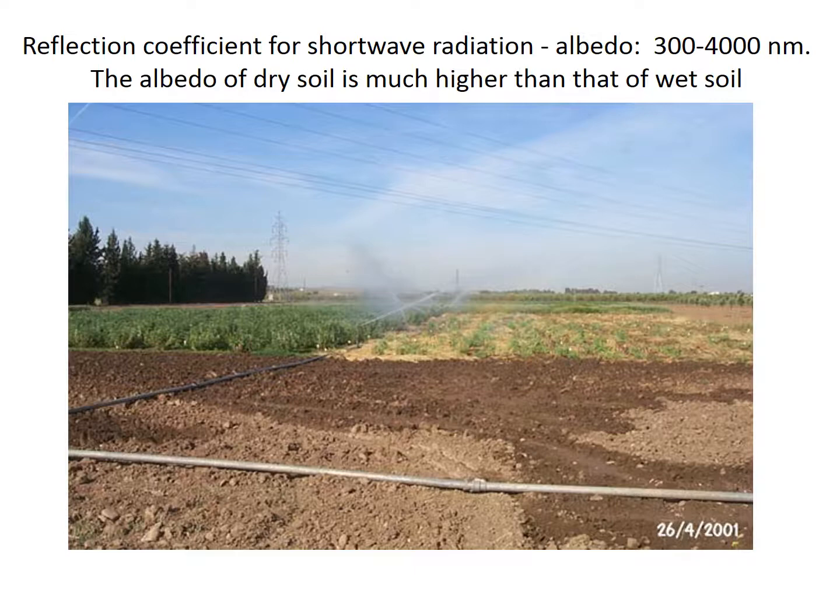Part of the radiation reaching the Earth is reflected by the crops, the soils, etc. The reflection coefficient for shortwave radiation is the so-called albedo, and it affects the radiation from 300 to 4000 nanometers. In other words, what is shortwave radiation?